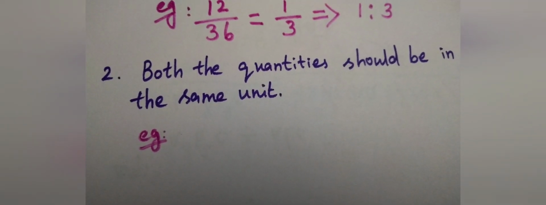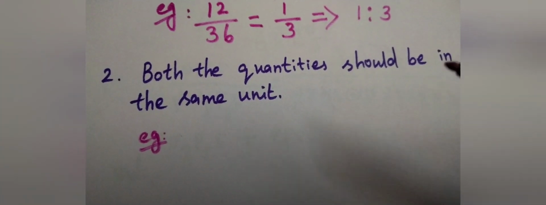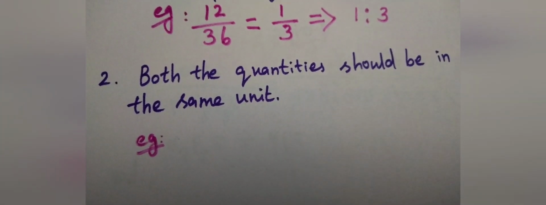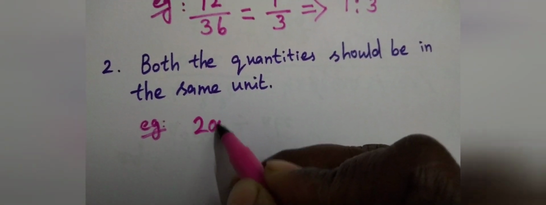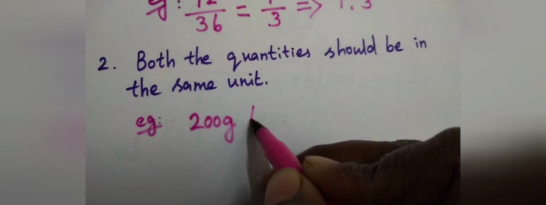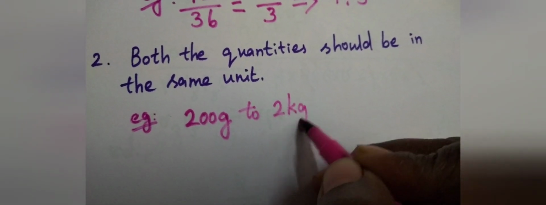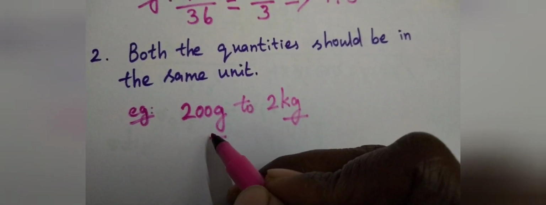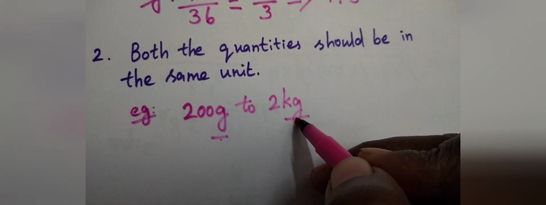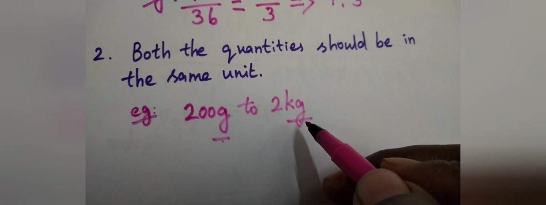Second one, both the quantities should be in the same unit. Then only we can compare. So for example, 200 gram to 2 kilogram. They are different units, isn't it? This is gram and this is kilogram. I cannot compare with gram and kilogram. What I have to do?